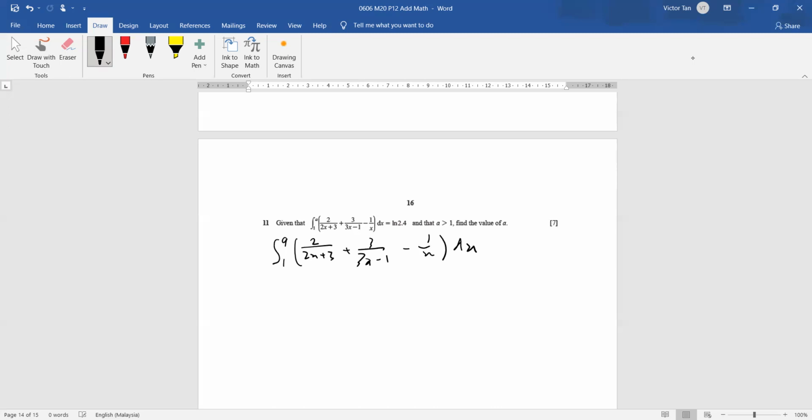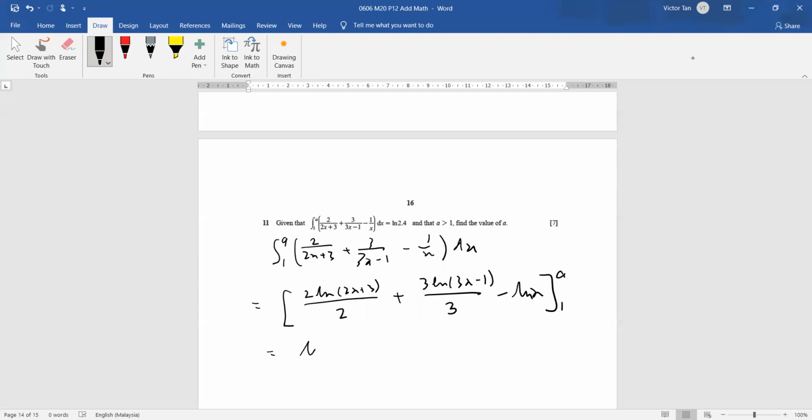When you have a linear denominator, it is always a ln. So this is 2 ln of 2x plus 3, divided by the coefficient of x, which is 2, plus 3 ln of 3x minus 1 divided by the coefficient of x, which is 3, minus ln x, from 1 to a. Okay.